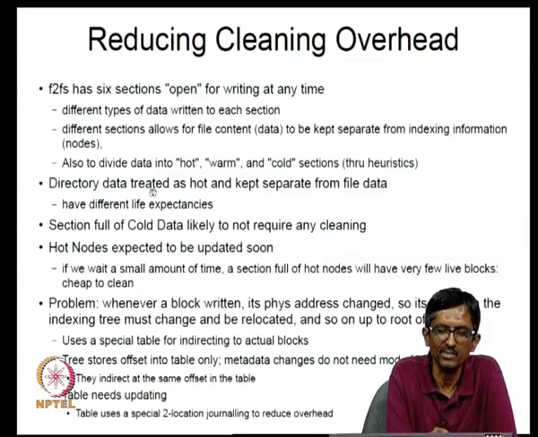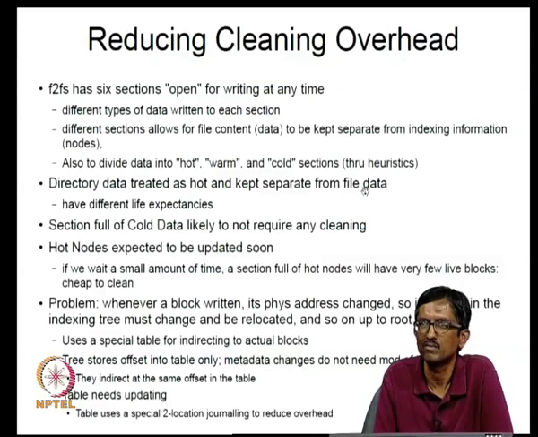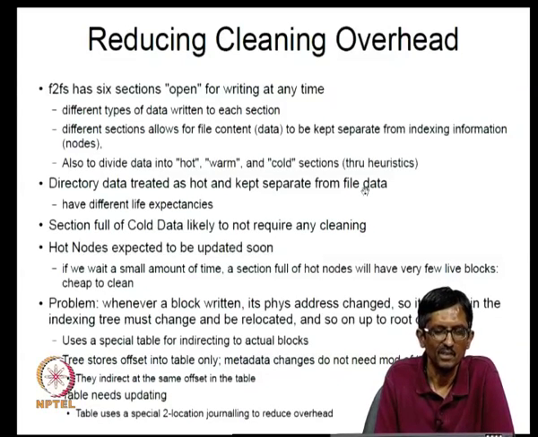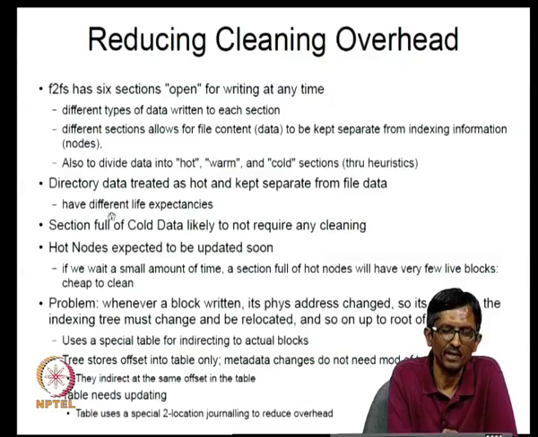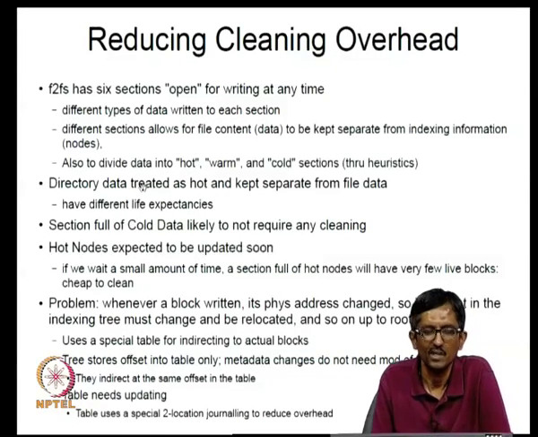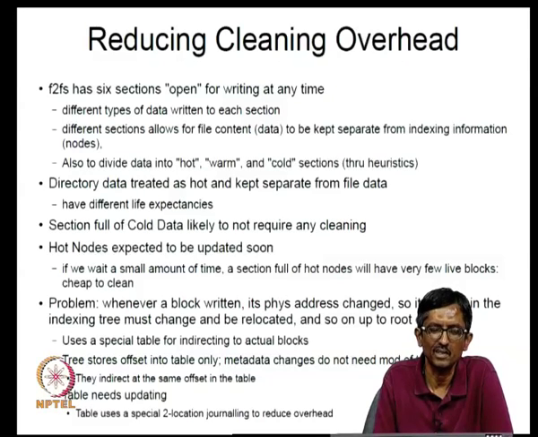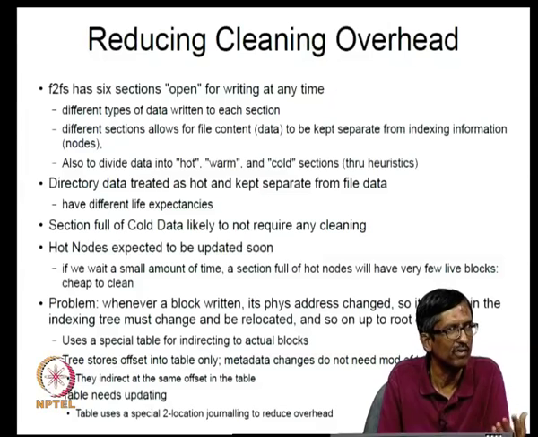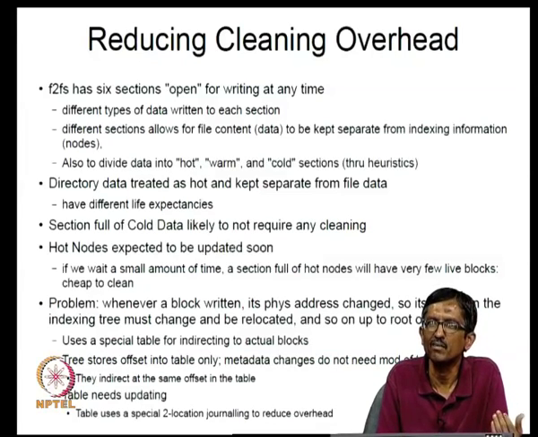Similarly, for example, directory data is treated as hot and kept separate from file data, because they have different life expectancies. The reason is that, in a particular directory there might be a lot of files, and any time any file is added or deleted, you have to change the directory contents.